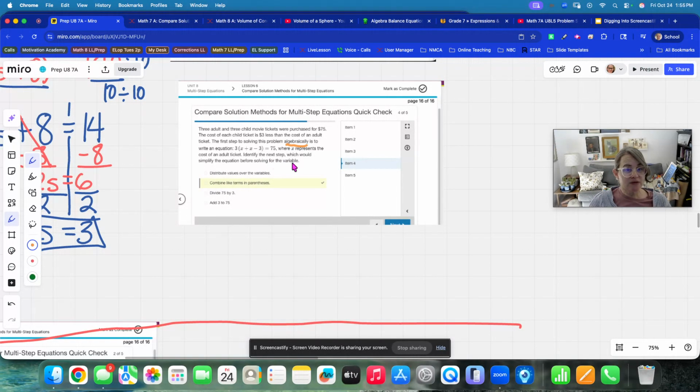Identify the next step, which would simplify the equation before solving for the variable. Okay, and so I did this one in the other problem, but I just wanted to do this one for you because they've got some answers here that could be correct.